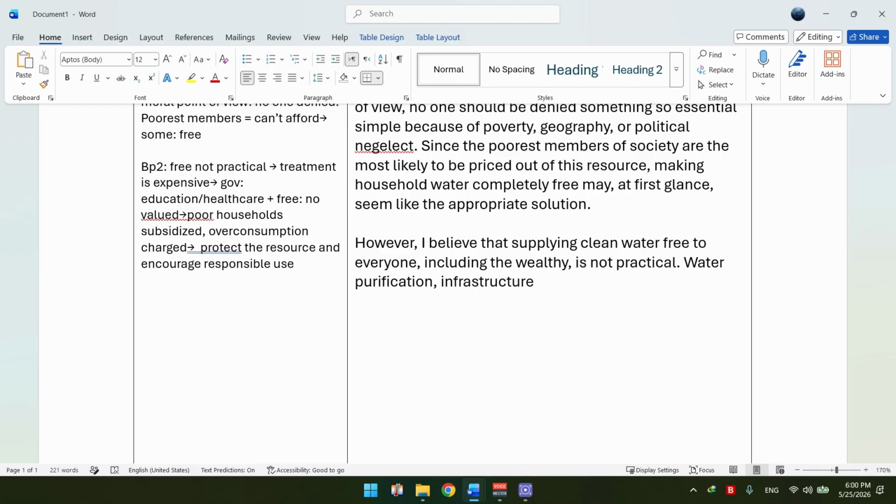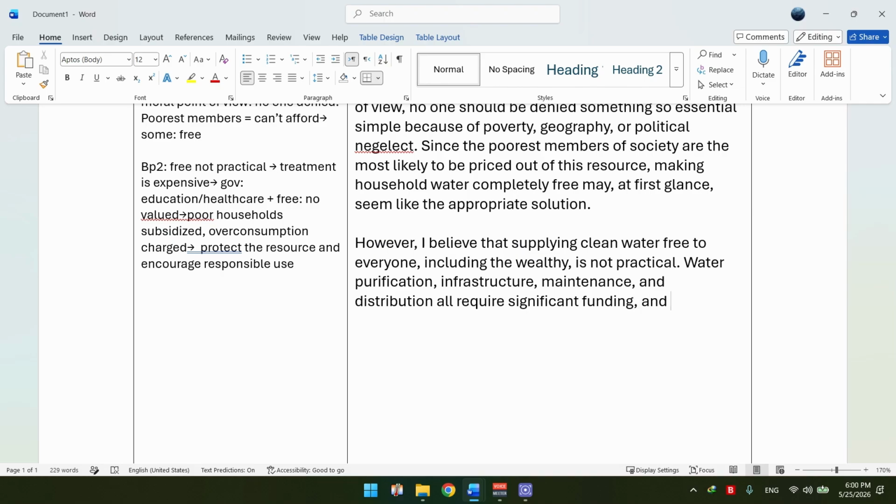Infrastructure, maintenance, and also distribution all require significant funding.